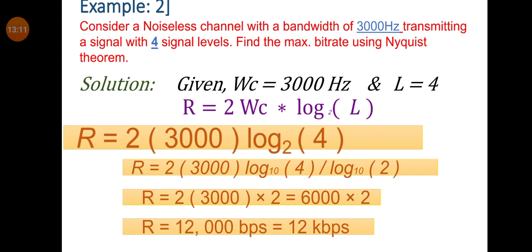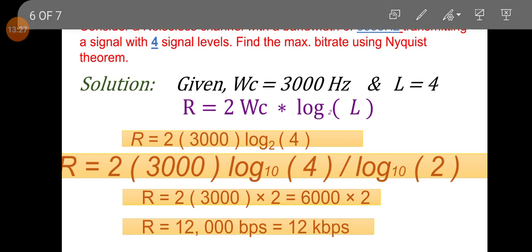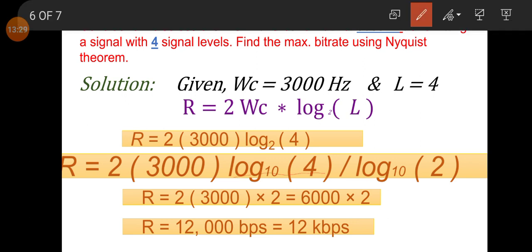Clear? So the next step is converting base 2 to base 10. Which base 2 value are we converting? The log 4 value. That log 4 value, we have to divide it by the log 2 value. Clear? So that we can convert base 2 to base 10.